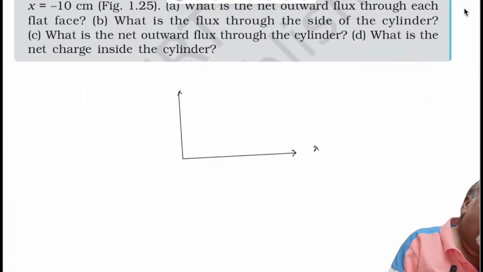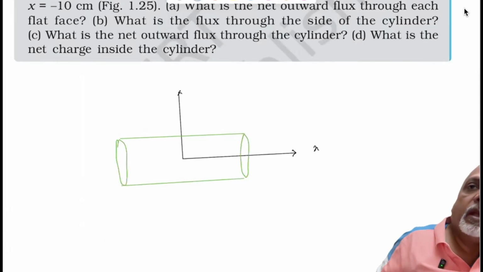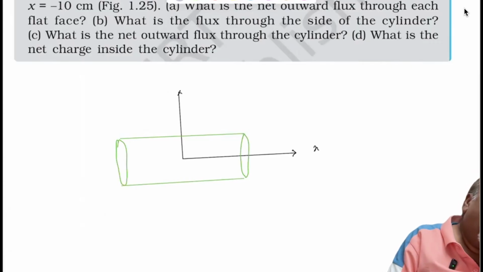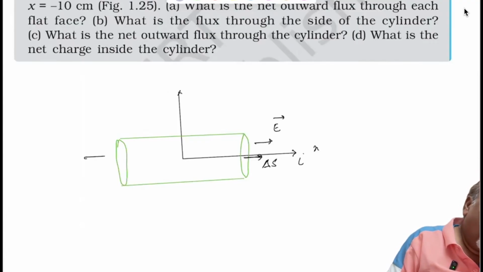First of all, let us draw the cylinder. As per the question, E is in this direction. Of course, the area vector will also be in this direction. Here, as per the question, E is in this direction, and the area vector is also naturally outward.